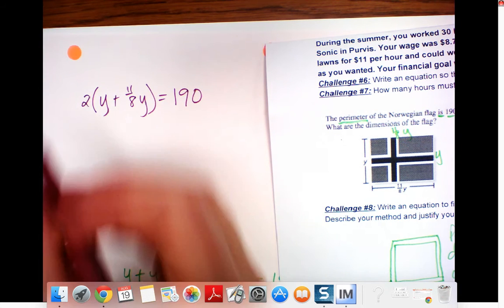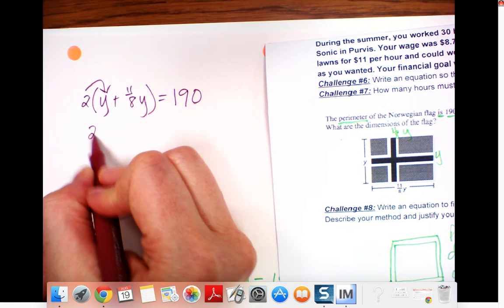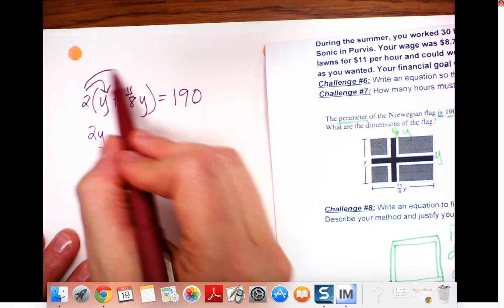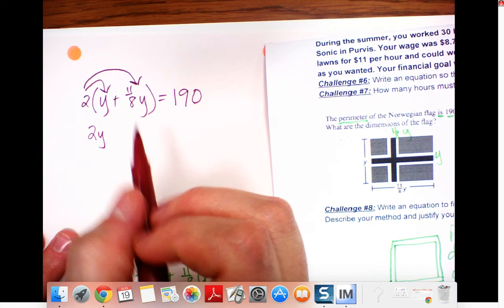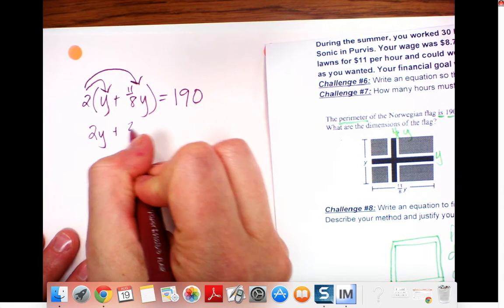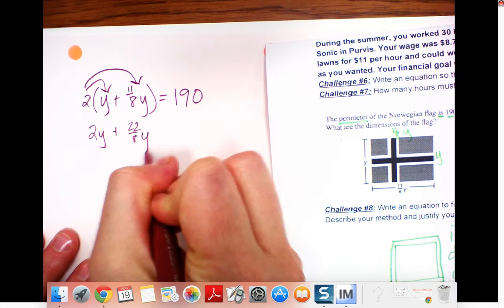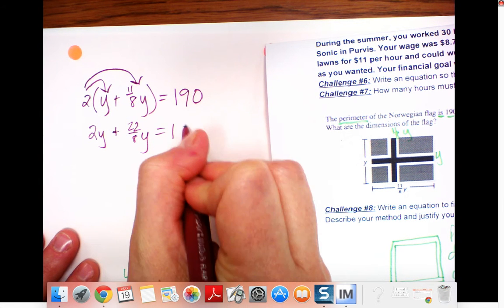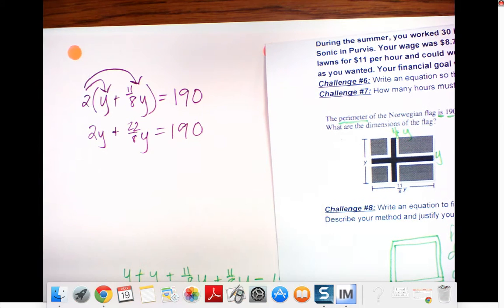Alright, so when I distribute, 2 times y is 2y. 2 times 11/8 y will be 22/8 y. And that equals 190. Now we need to combine those like terms. So 2 plus 22/8. Got 4 3/4.